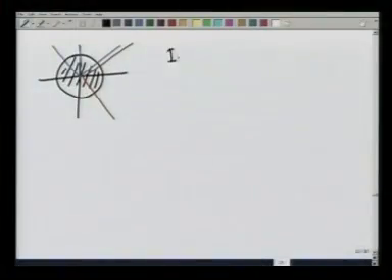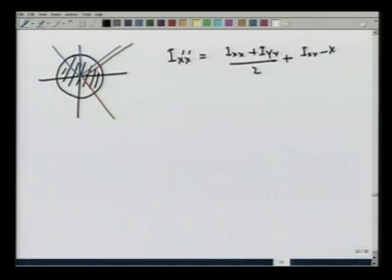So, I_x' we saw already is (I_xx plus I_yy) divided by 2 plus (I_xx minus I_yy) divided by 2 cosine of 2 theta minus I_xy sine of 2 theta.